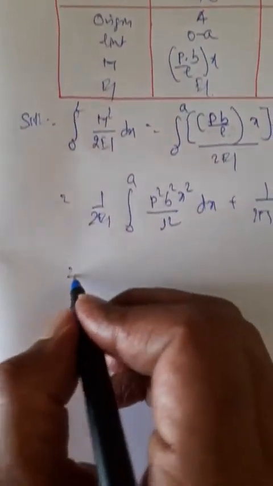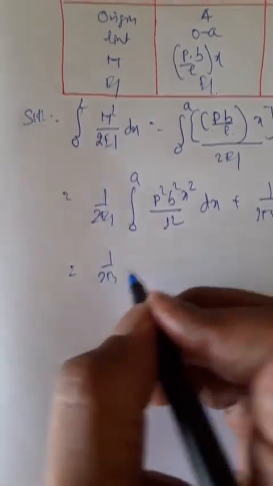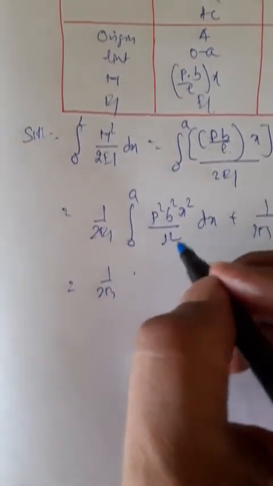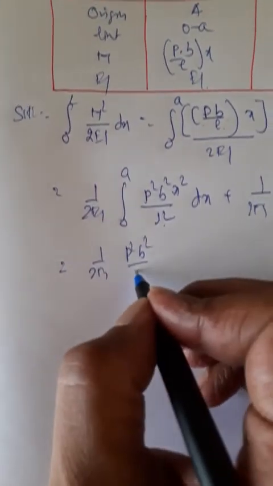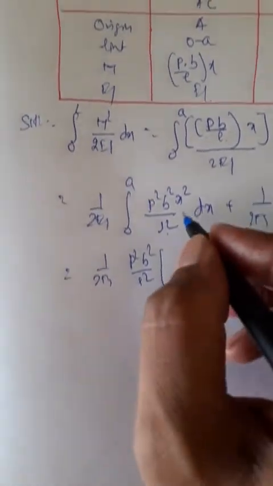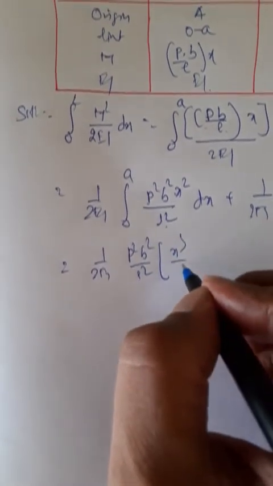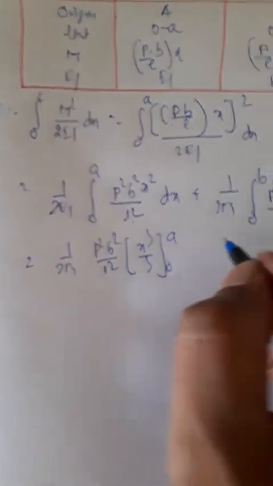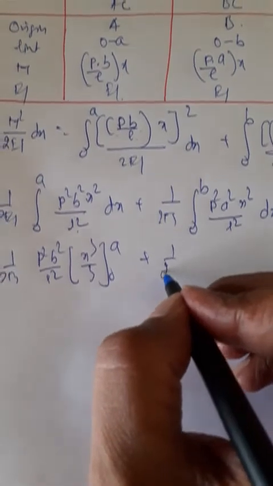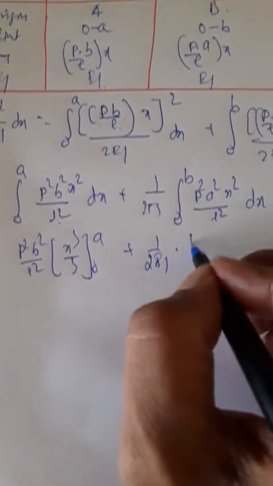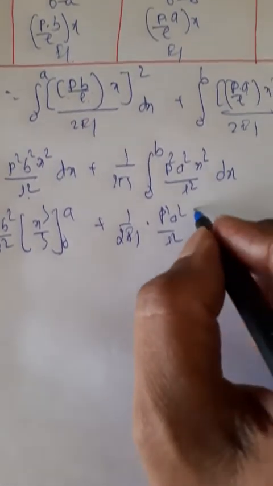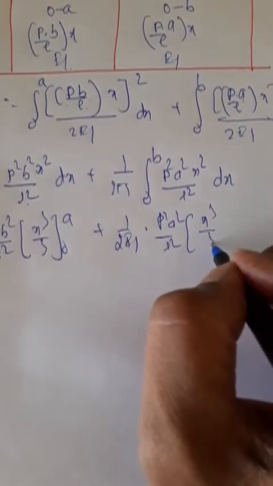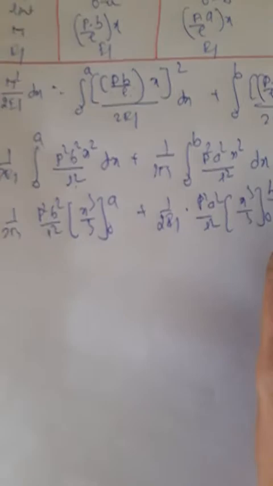Now integrating this, P square B square by L square are constants, take them outside. Integration of X square is X cube by 3, limit 0 to A, plus 1 upon 2 EI P square A square by L square, the constant terms, and here limits X cube by 3, 0 to B.